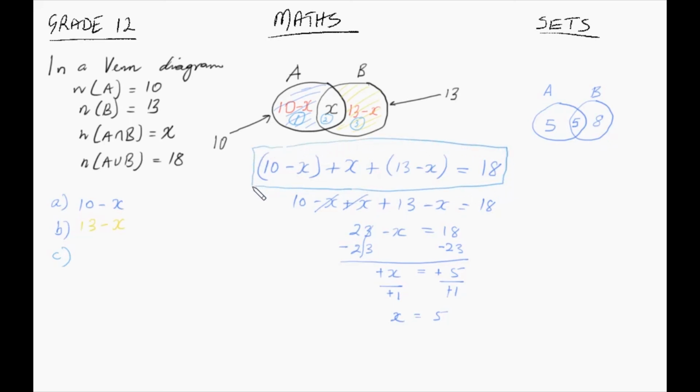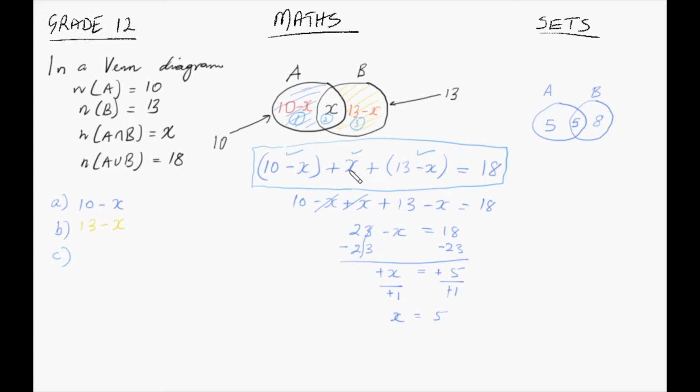So when you add together the number of elements in the three parts, this part has 10 minus x elements, plus this part is x, plus this part here is 13 minus x.